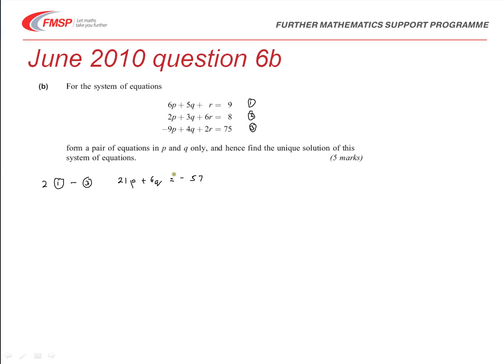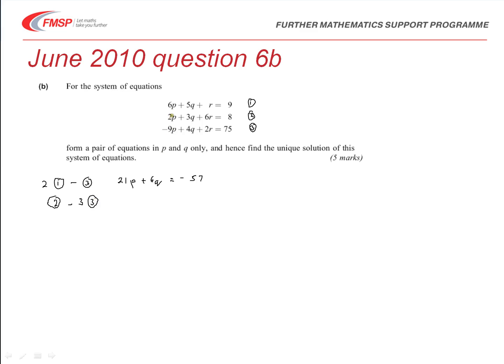So now we're on a second one. So if we took equation 2 and then subtract 3 lots of equation 3 from it, that will again eliminate the R's. So it's equation 2 minus 3 lots of equation 3.